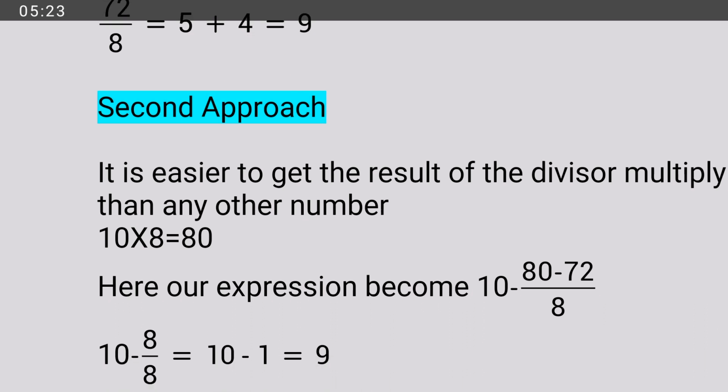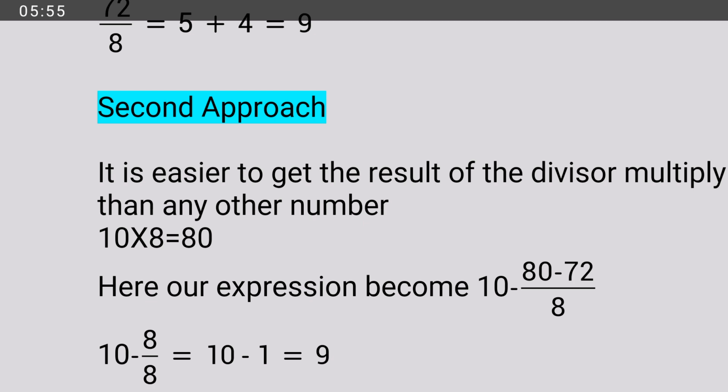Here, if we choose 10, then 10 times the divisor, which is 8, gives 80. Since 80 exceeded 72, we write 10 first, minus 80 minus 72, the number so obtained minus the dividend, divided by the divisor.